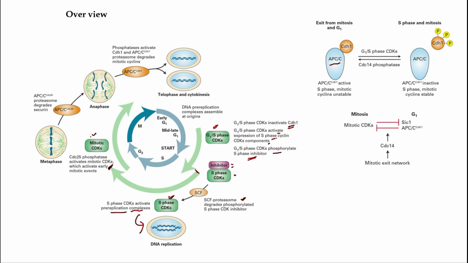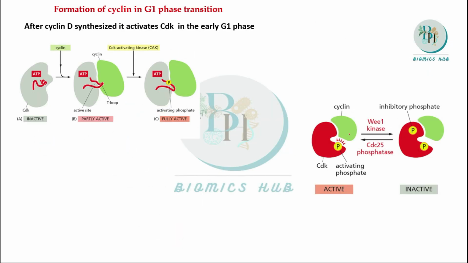Next come the mitotic CDKs, or we can also call them MCDK. The CDC25 phosphatase activates mitotic CDKs, which activate early mitotic events. With the help of this diagram, we will see what this means.